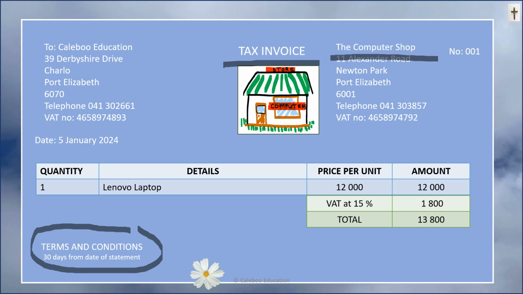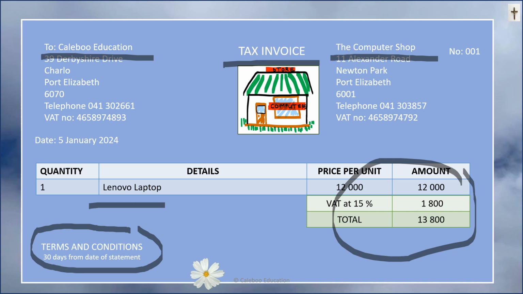The computer shop issued an original, this document, to Calibu Education, because Calibu Education in this case purchased a laptop, and there's the price including VAT.